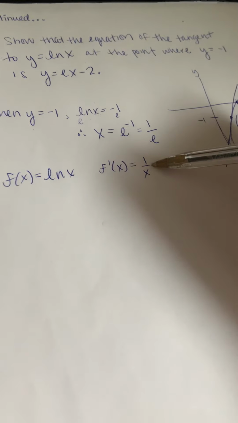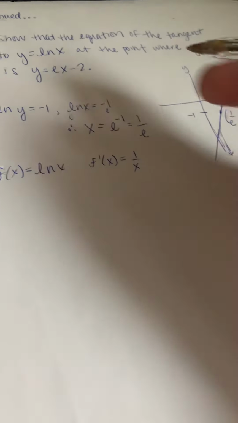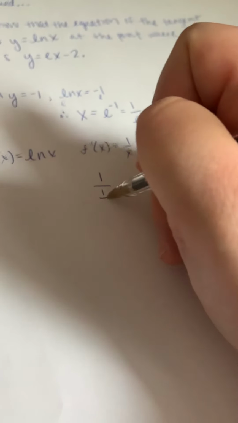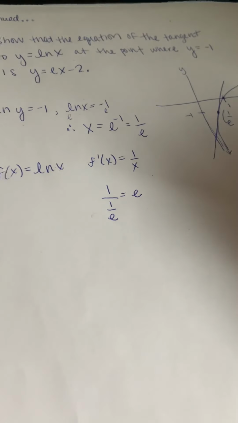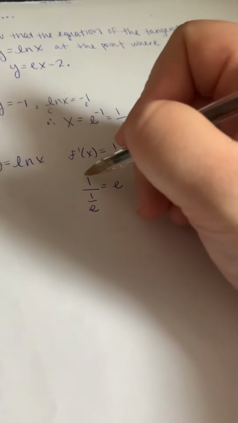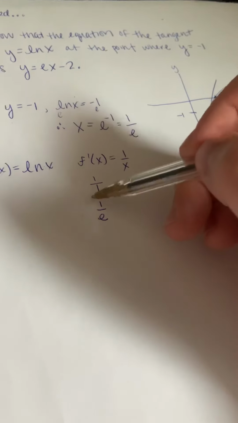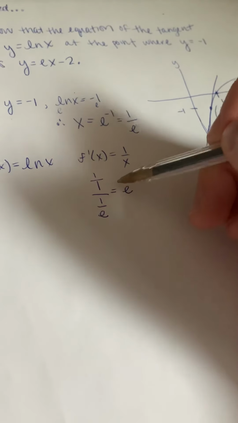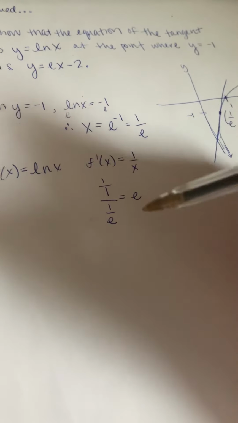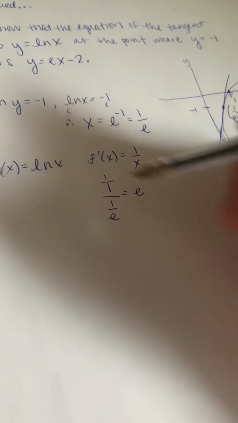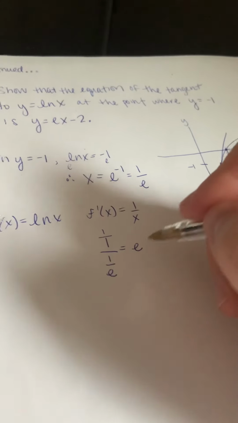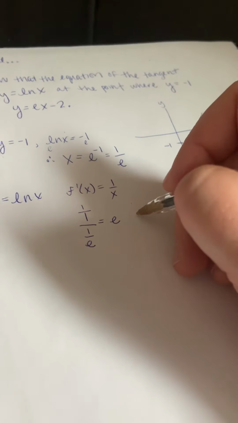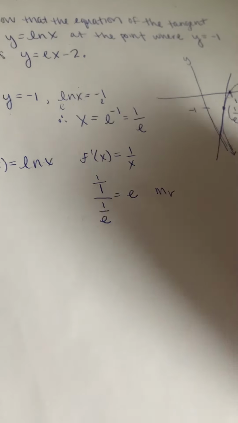The gradient is going to be 1 over 1 over e, which is just equal to e. If you wanted me to show you the math, it's 1 divided by 1 over e, and you can multiply by the reciprocal, e over 1. You can see how that cancels out. So basically, this is the gradient of the tangent, okay?